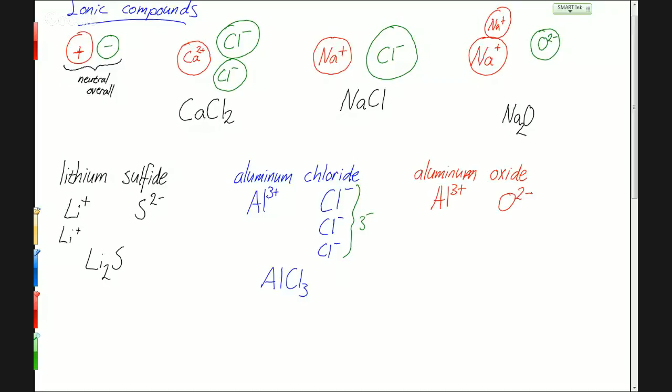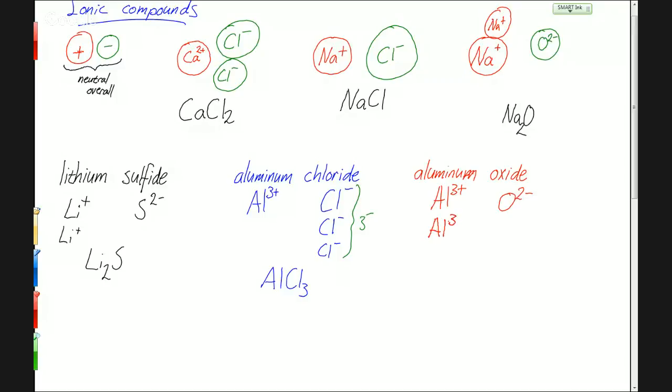Because if you have 2 Als, that's 6 plus, to the oxygen's 2 minus. If you have 2 oxides, that's 4 minus to 3 plus. So it doesn't work if you only change one. So you have to change both of them to find a common multiple.